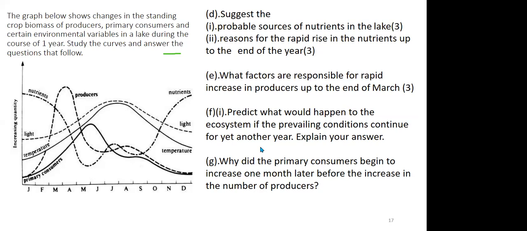High concentration of nutrients, which gives the producers food so they feed and reproduce fast. Otala, we can't hear you well. Teacher, I said high concentration of nutrients. Okay, that's correct. What else?